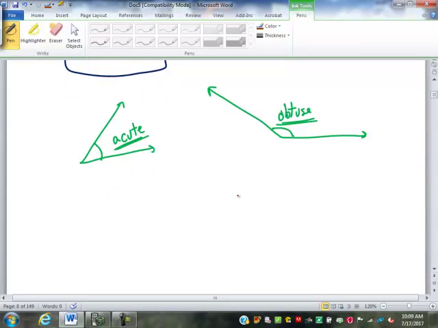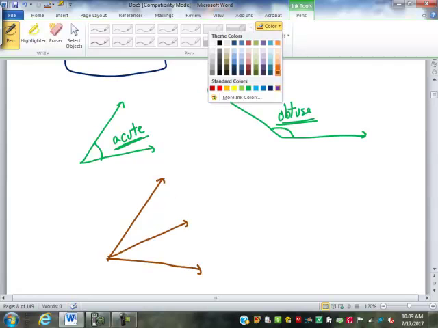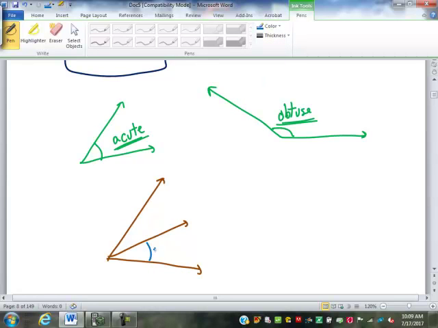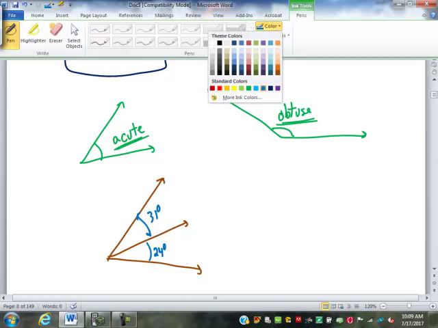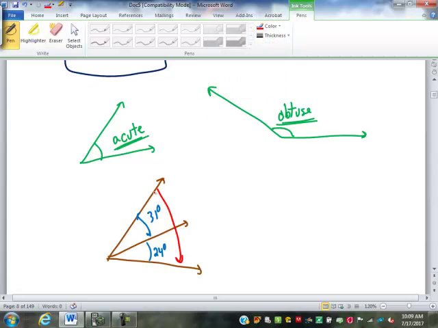And we've already talked about what happens when we have these adjacent angles. If this angle here is 24 degrees, and this angle here is 31 degrees, what does that make this angle here? 55 degrees. I can just add them together.